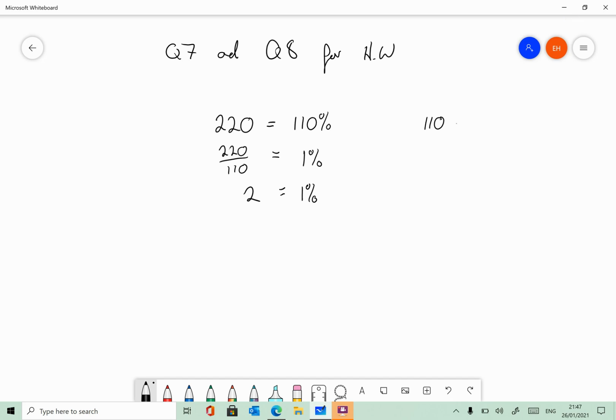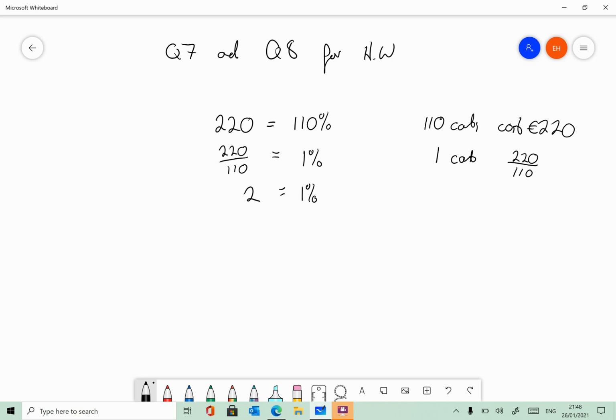110 cats cost 220 euro. So if 110 cats cost 220 euro, the price of one cat would be 220 divided by 110. Because if 3 apples cost 18 euro, each apple must cost 18 divided by 3. Right?